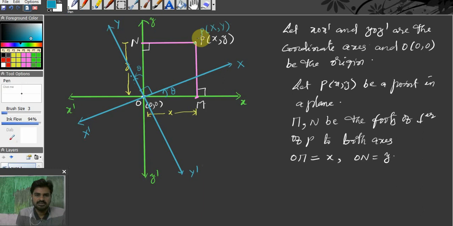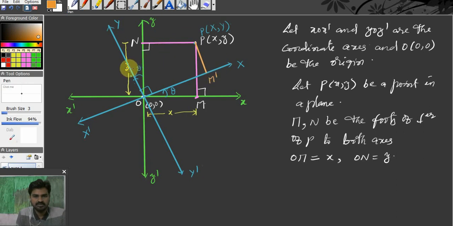When we take a point in the coordinate plane, first we have to draw the feet of the perpendiculars from that point to both coordinate axes. Now I am going to take the feet of the perpendiculars here. Let the foot of the perpendicular be capital M dash on the x axis.